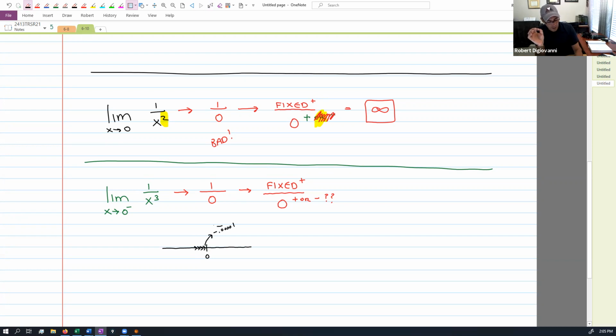When I plug that in here and cube it, what happens to a negative number when you cube it? Stays negative. That means I can deduce that the denominator is headed to 0 through negative numbers, and therefore the ratio of these two should be a huge negative number. So my answer should be negative infinity.